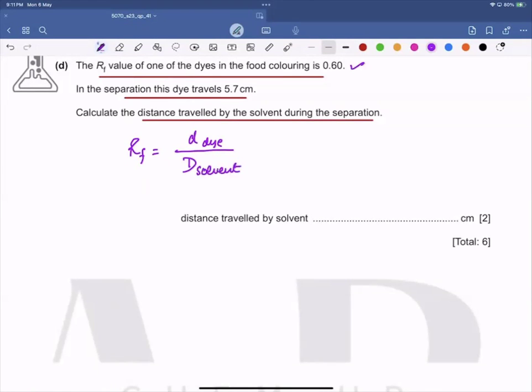They have given you the RF value, which is 0.60. This dye travels 5.7 centimeter, and we have to calculate the distance traveled by the solvent. So X equals 5.7 over 0.60. Okay, thank you, Kamar. So it's 9.5. Is this clear to all of you?